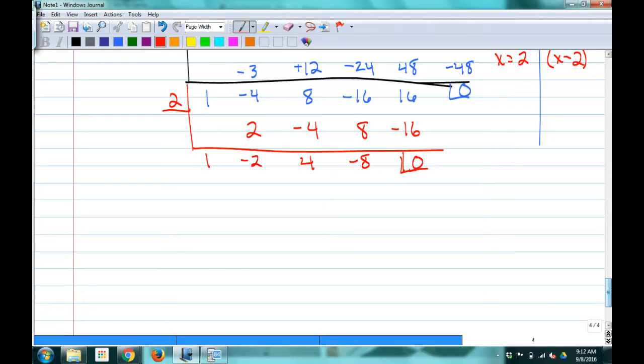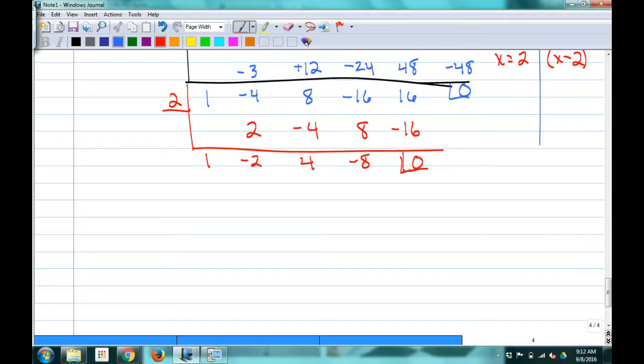So far we've only broken this down to x cubed. It started as x to the 5th power. We did synthetic once. That got it to the 4th power. Did synthetic again. That got it to the 3rd power. If I run that 2 one more time, what's it going to turn it into? Squared. And then we've got tools to solve squared problems. We know a lot about quadratics.